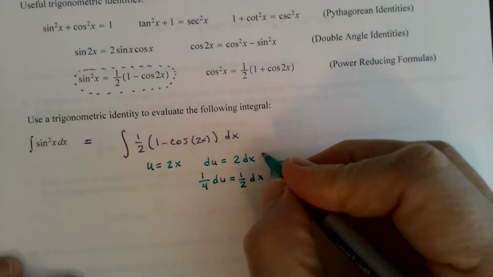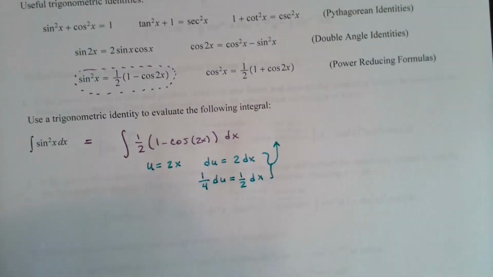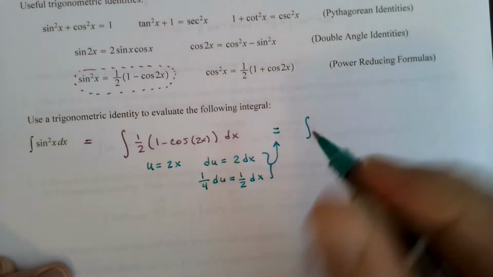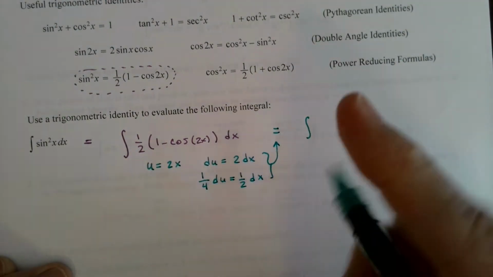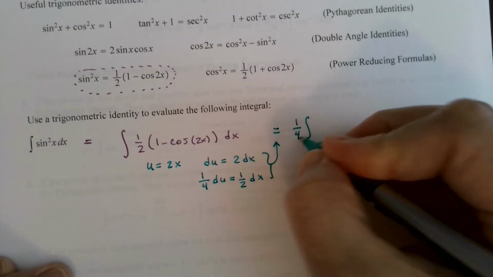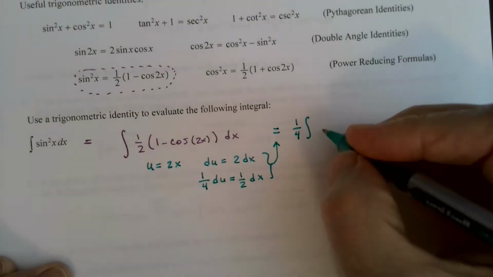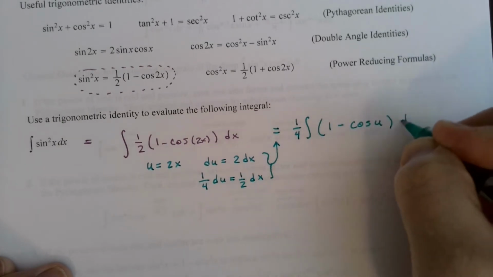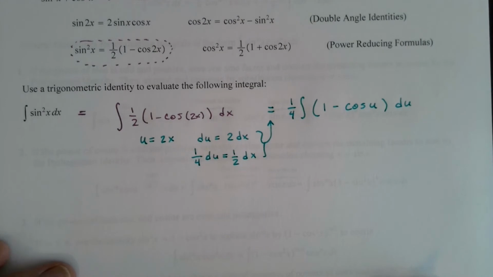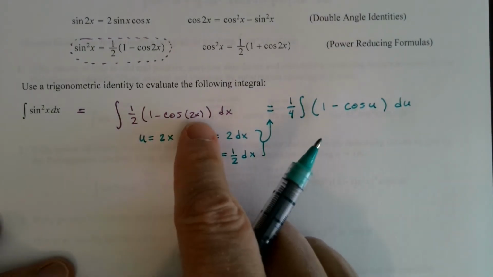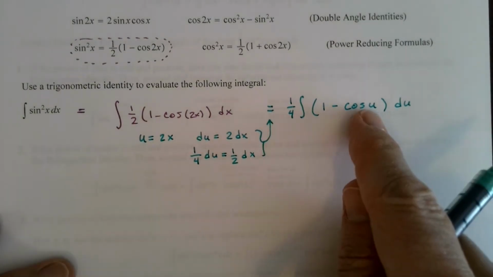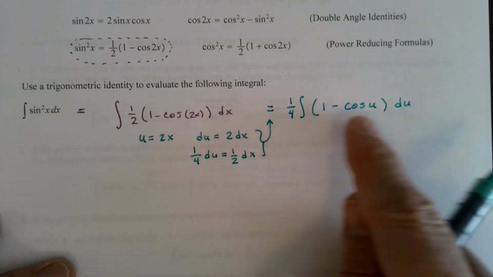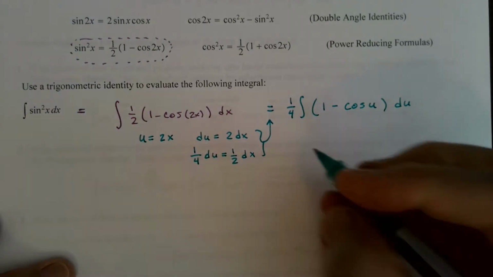And using this information, I can rewrite this integral. So the 1/2 dx becomes 1/4 du, and I'll go ahead and pull that 1/4 out. And then I've got 1 minus cosine u. Okay, so 1 minus cosine of 2x, u is 2x, so 1 minus cosine of u. And then the 1/2 times dx becomes 1/4 times du. And now I can find the antiderivative.